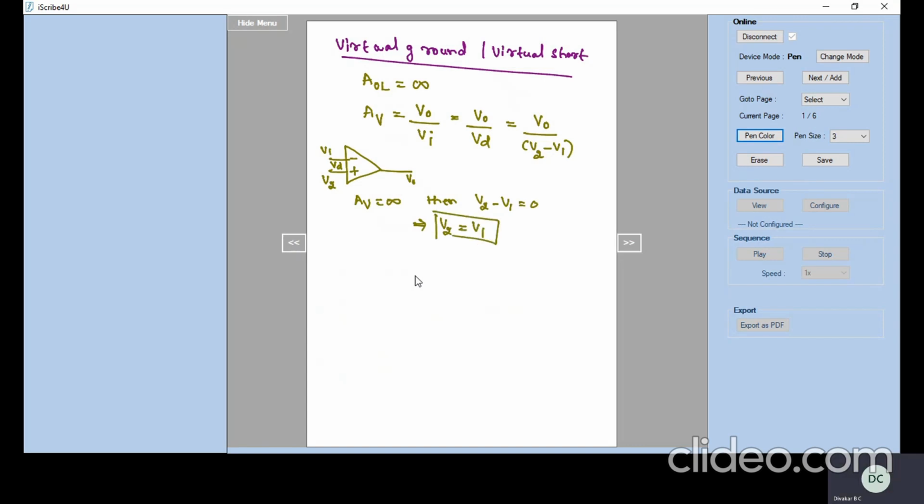This shows the inverting input and non-inverting input terminals are at the same potential. That is, the voltage at the inverting terminal appears to be the same as the voltage at the non-inverting terminal.